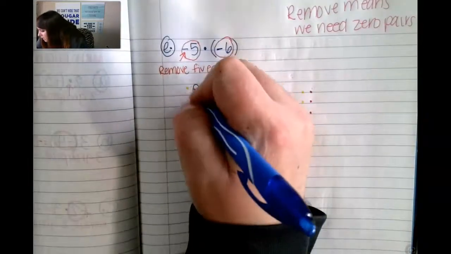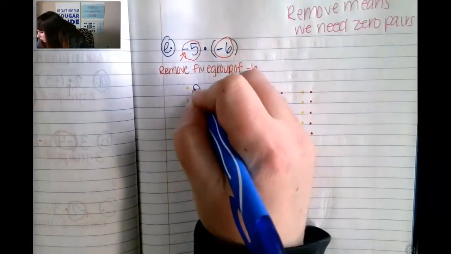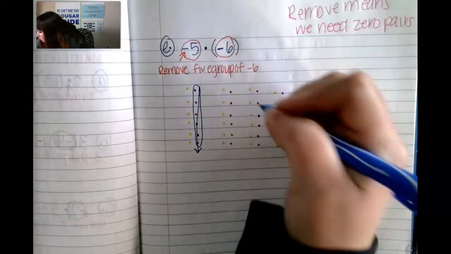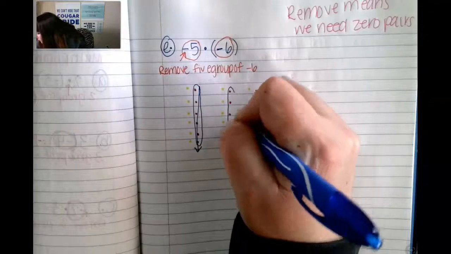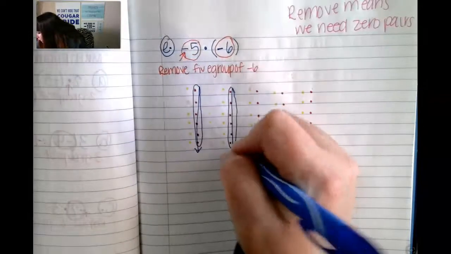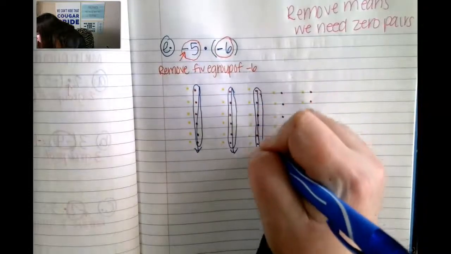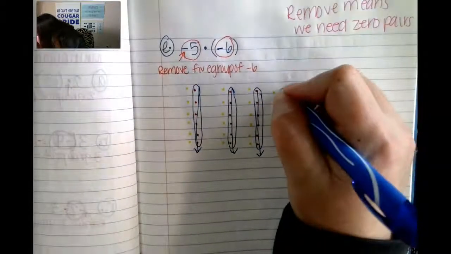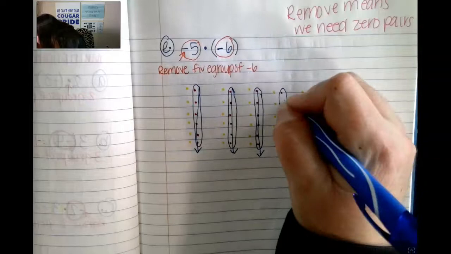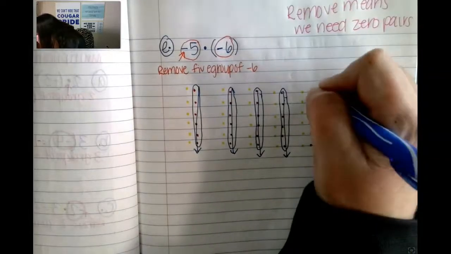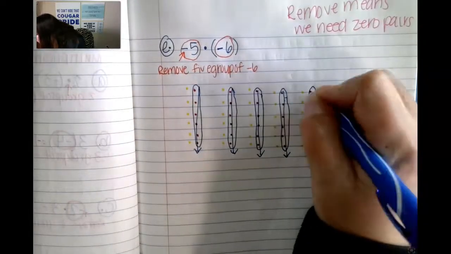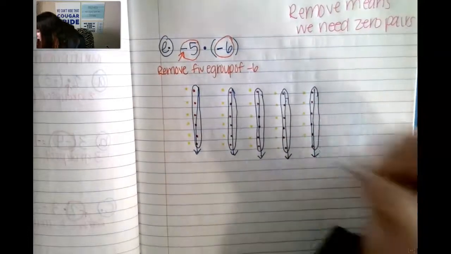So here are negatives. Gone. Here's some negatives. Gone. Negatives off the board. They're gone. Man, that's a lot of negativity leaving this board. I love it. All right, math. You negative math vibes, you are gone.